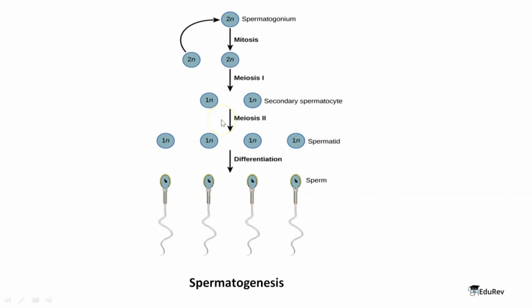Now let us jump on to the next topic, that is the formation of sperms. The process is known as spermatogenesis. The location of spermatogenesis is inside the seminiferous tubules.